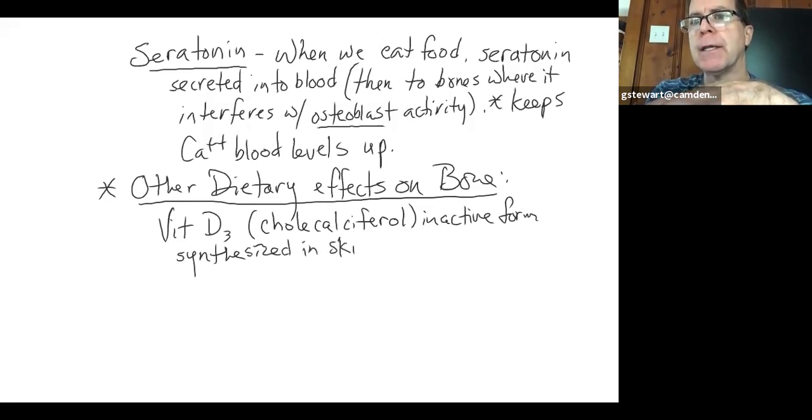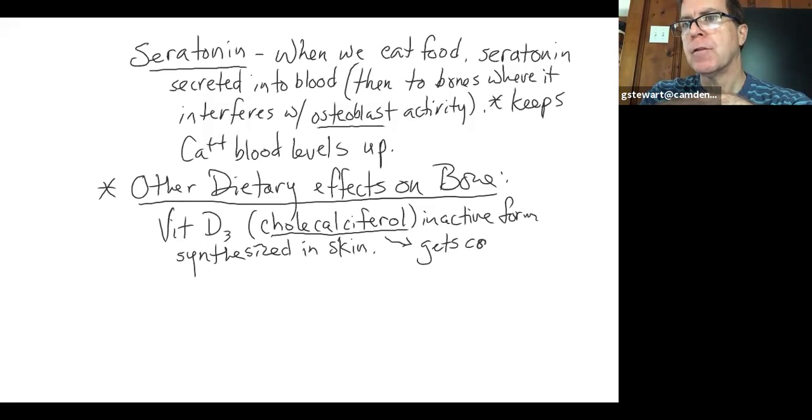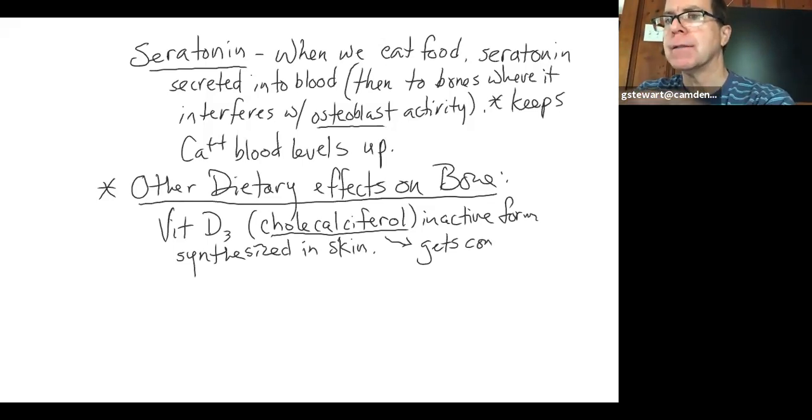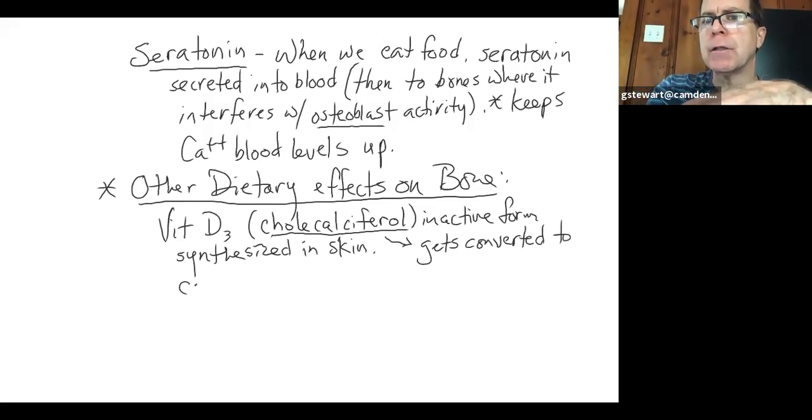When UV light hits our skin, it makes this cholecalciferol. Then this cholecalciferol gets converted to an active form by the kidneys, and that's called calcitriol.